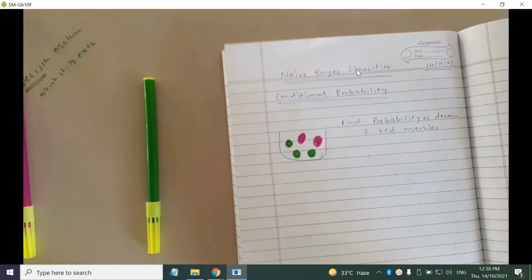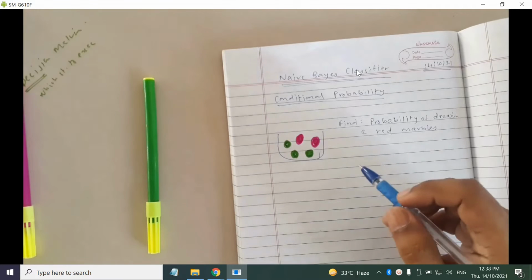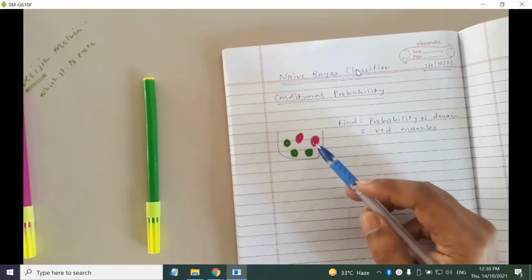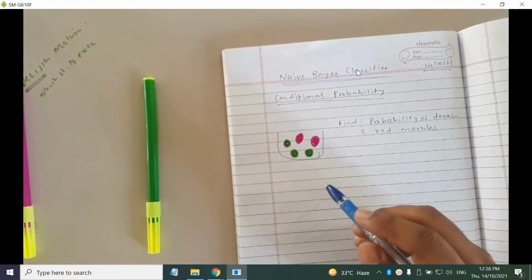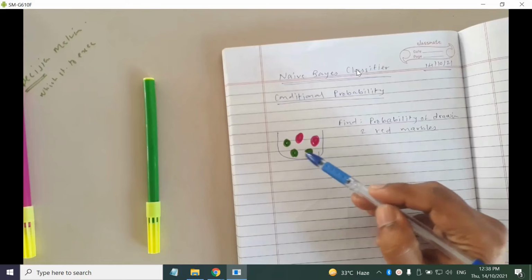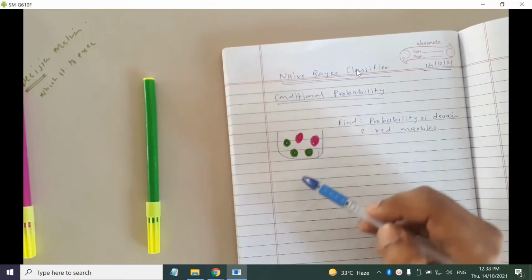Do you know the formula of probability? Number of favorable conditions divided by all possible conditions, right? Favorable condition is single, you are getting 2 red marbles, divided by the total combinations. You can choose this one or this one or this one, all possible combinations.